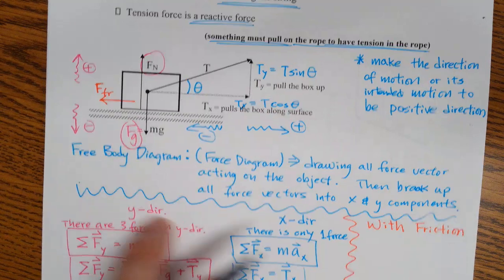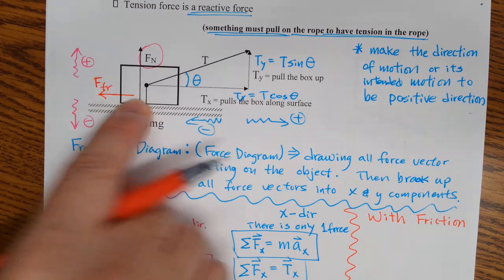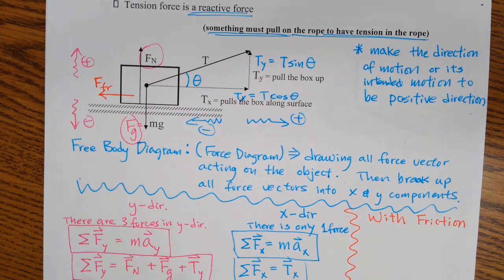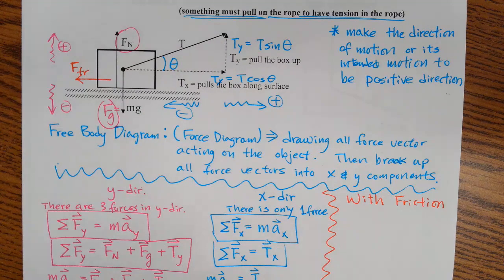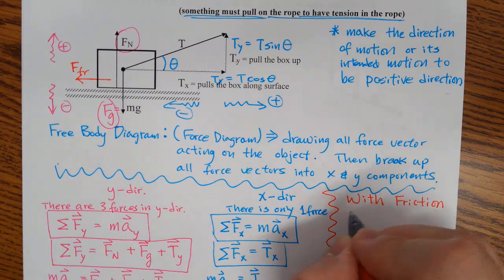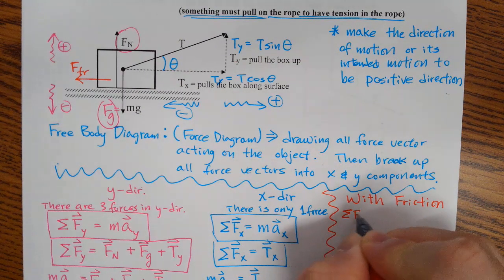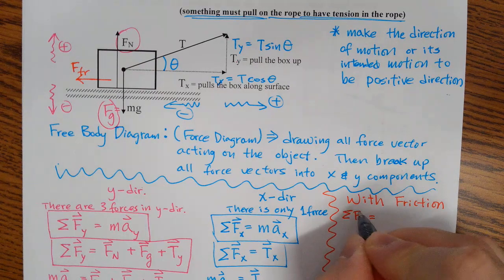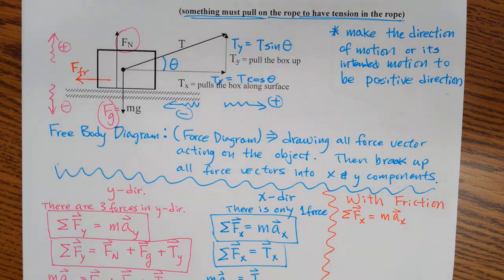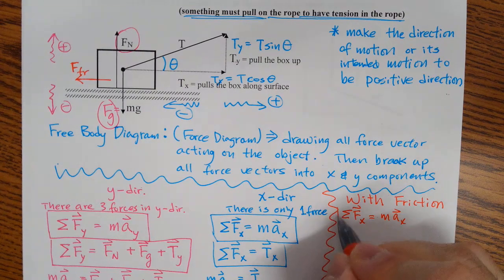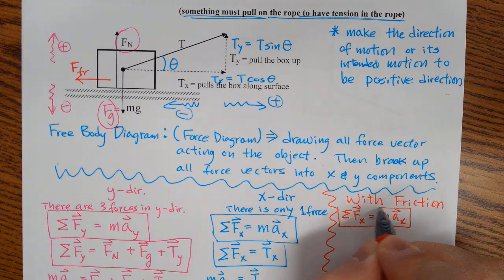With friction, friction only acts along the x direction, so we're not going to worry about the y direction, because the y direction is going to stay the same. But it's only going to affect the x direction. Okay? So with friction, we have the sum of all forces in the x direction is equal to max again. Again, this is Newton's second law.